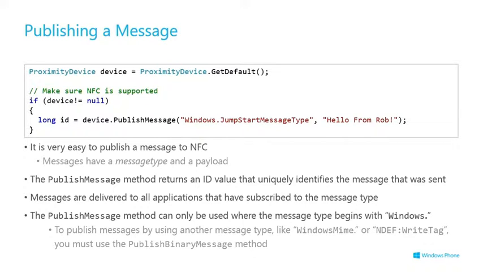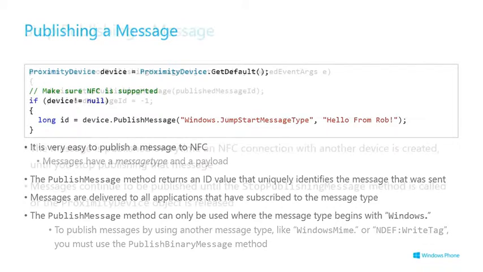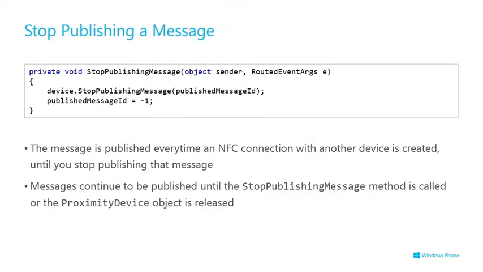The publish message method is only for these Windows dot tags. There's a publish binary message and also a publish URI message. The publish binary message is for writing to NFC tags. I'm not going to go into that in this one. You need to save that ID value because a publish is not a one-shot thing.